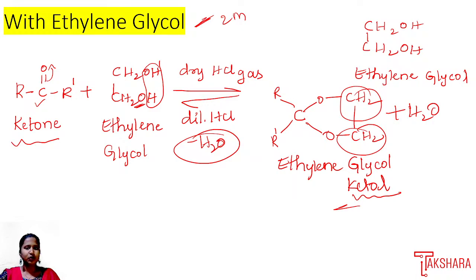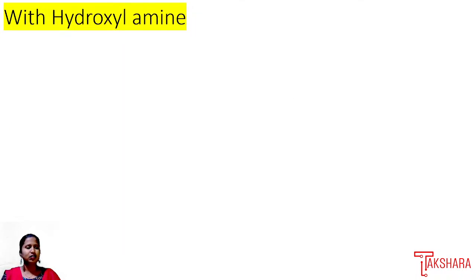Let us go to the next question, the next reaction, that is the reaction of aldehydes and ketones with hydroxylamine. What product do we get when reacting with hydroxylamine? What is hydroxylamine? Hydroxy means the OH group, and amine is NH2. So NH2OH is called hydroxylamine.